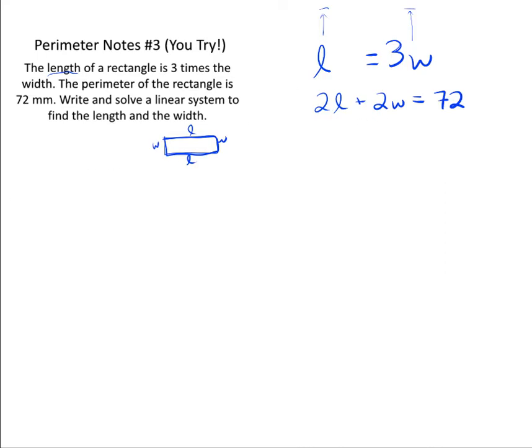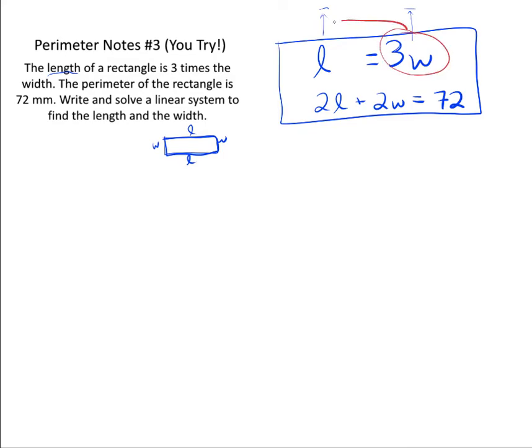And now, there is my system of linear equations. And that's the harder part, is to really get that. Now I'm going to draw my arrow to the L for the length, because that group is the length. So now I've got 2 L's plus 2W equals 72.